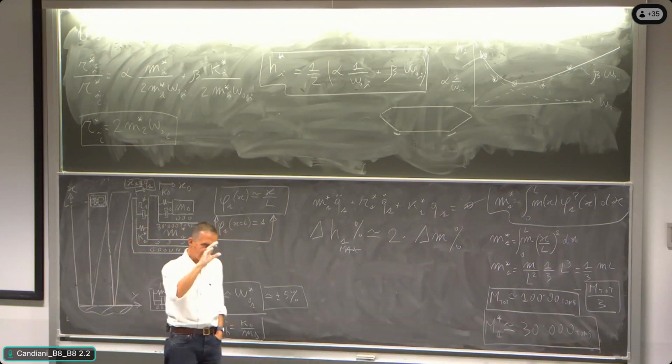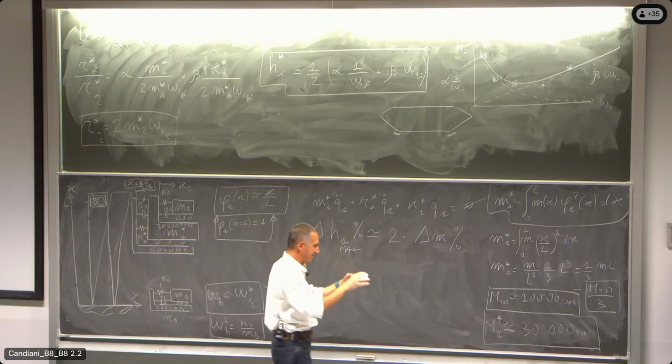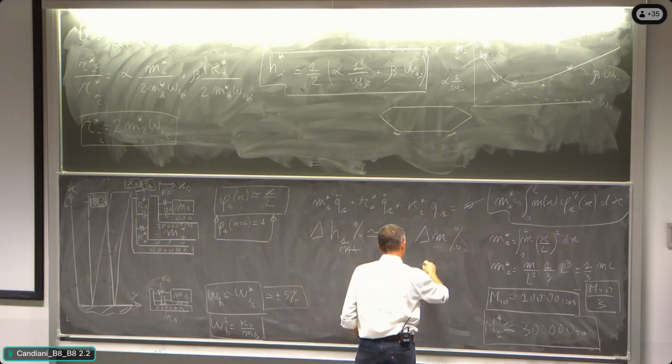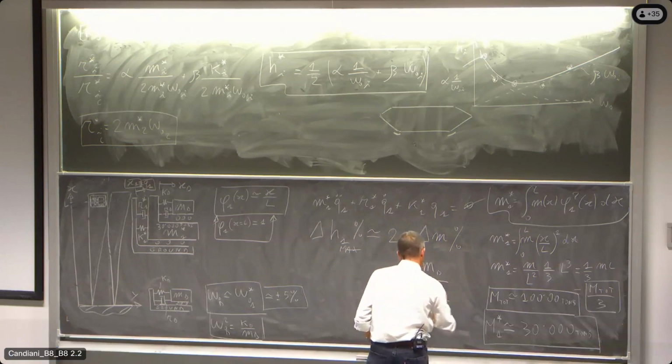Let's speak exactly about what we mean. This quantity is the mass of the damper divided by m star 1.